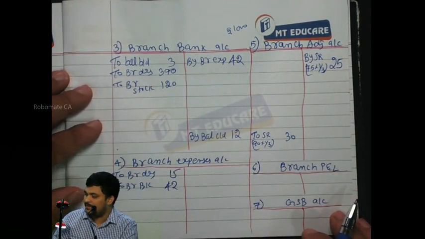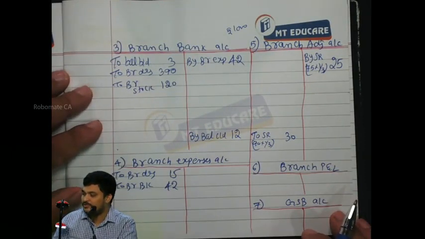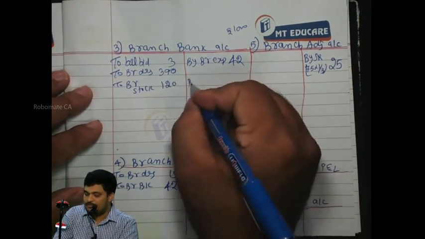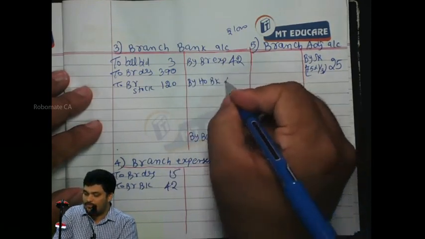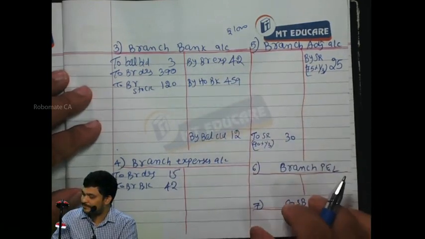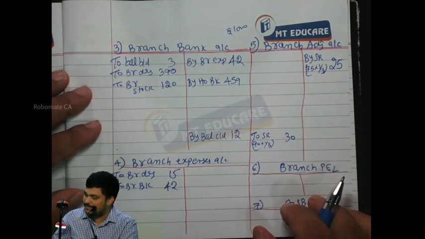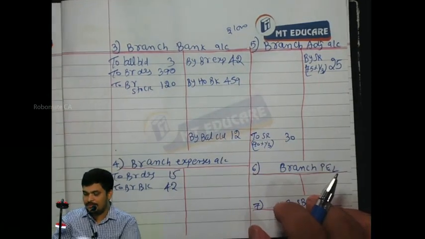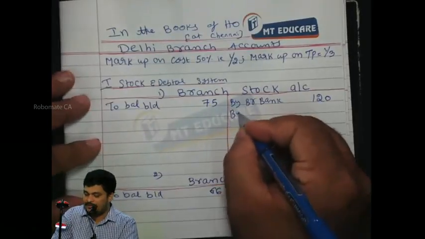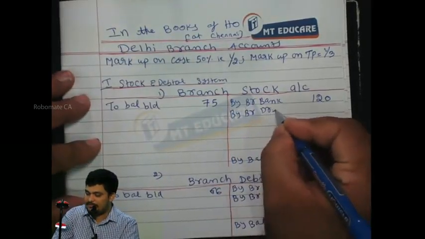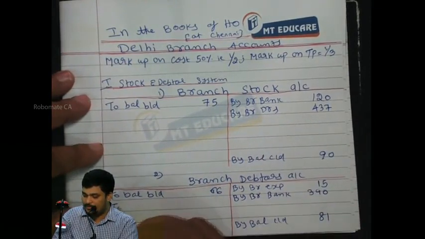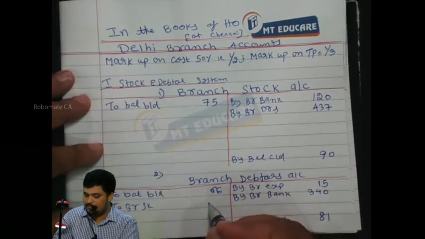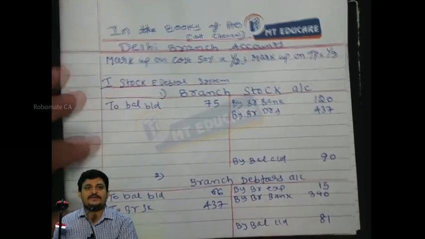Then cash transferred from branch to head office: by head office bank 459. Then credit sales: by branch debtors 430, to branch stock 437. Next.